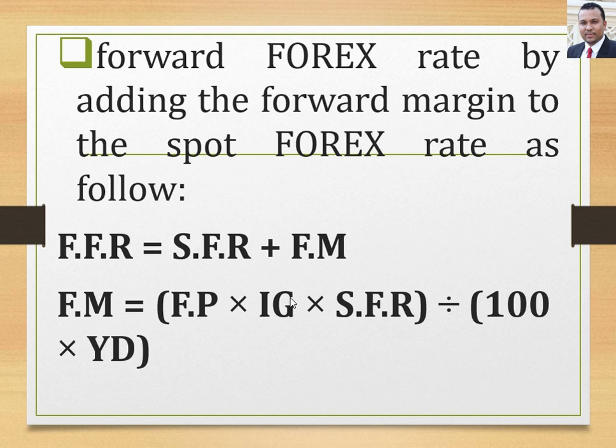For example, when we talk about the interest rate in Egypt and the interest rate in USA, IG equals the interest rate in Egypt minus the interest rate in USA. Then SFR, the spot forex rate, divided by 100 multiplied by YD. YD refers to the number of days in the year. So this is the formula for how you can calculate the FFR.